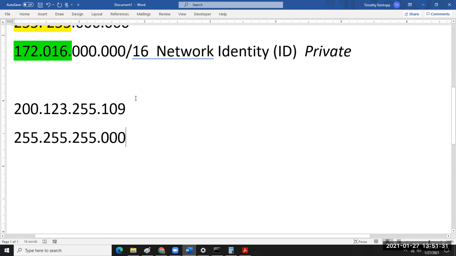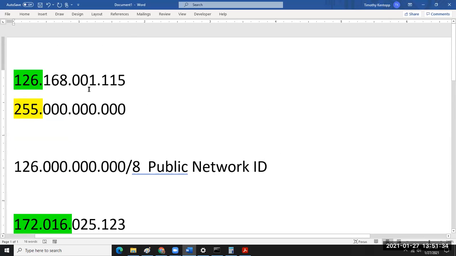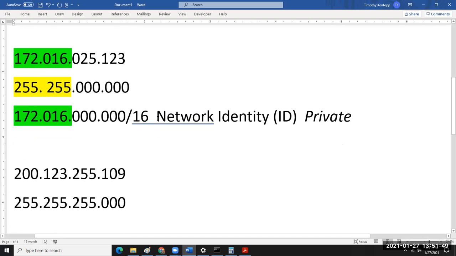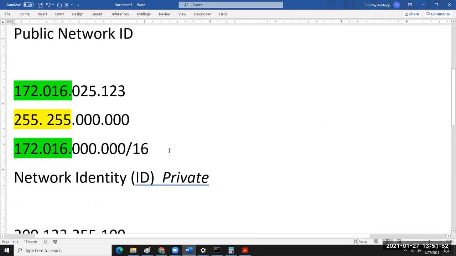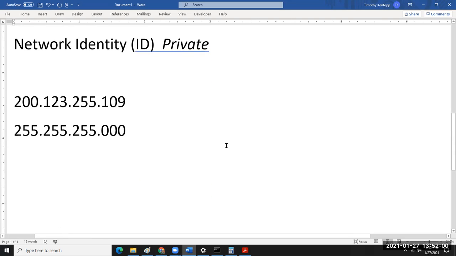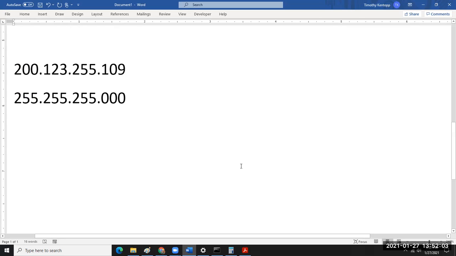So I'm going to keep moving my screen unless that's annoying, right? I want you to do the same thing here. So if you're following the same process I did, what are we going to do with this?